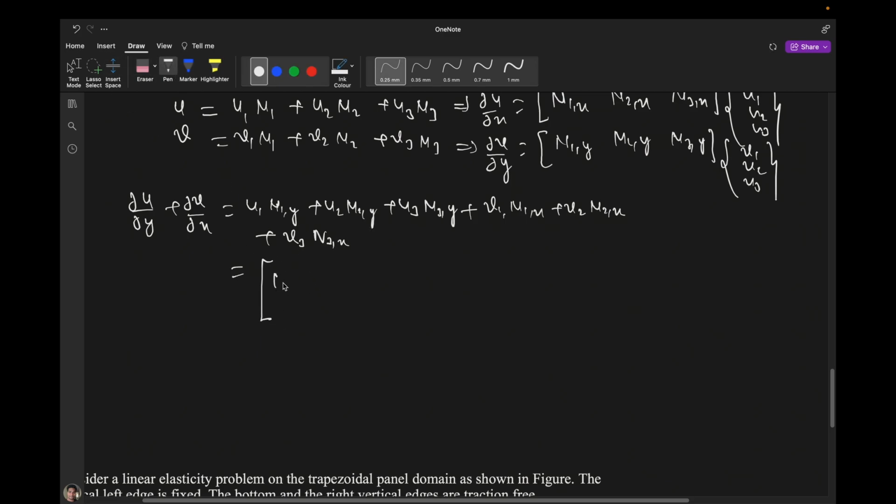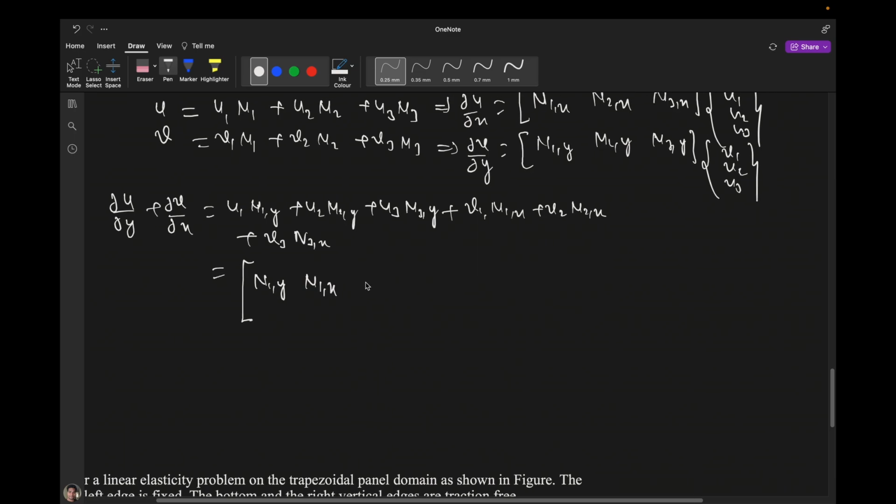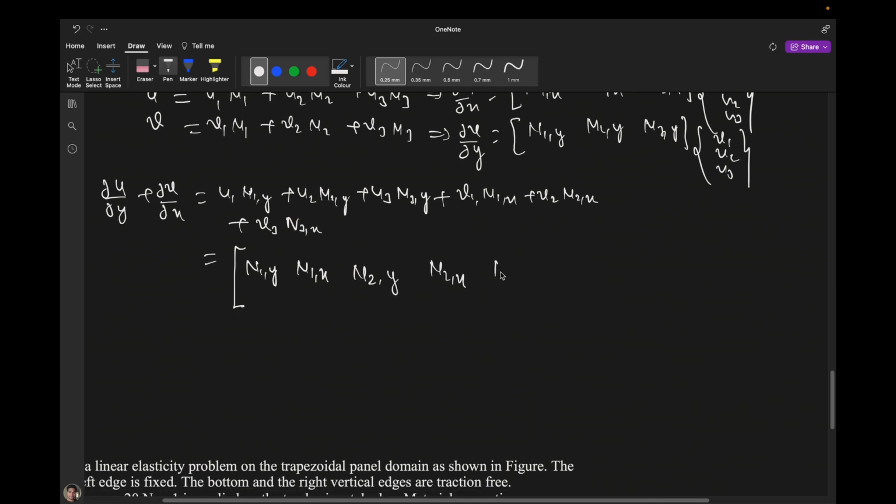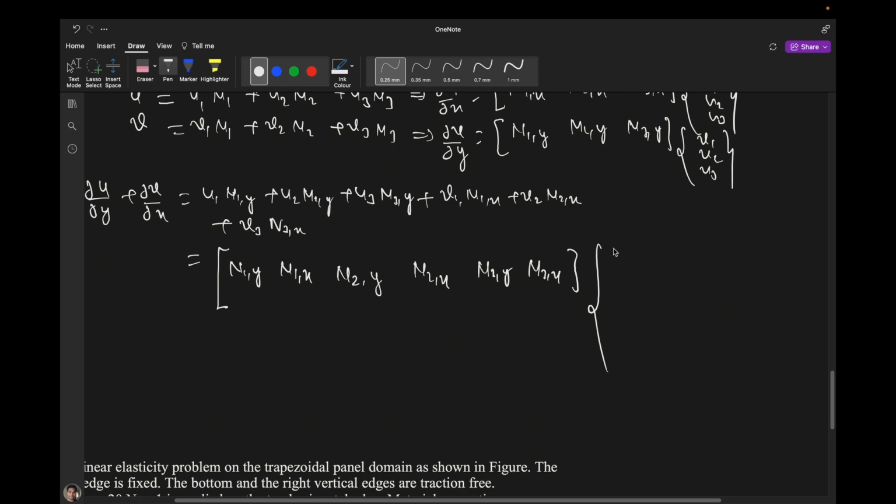I can write n1y n1x, n2y n2x, and similarly n3y and n3x, and in the vector it will be u1 v1, u2 v2 and u3 v3.